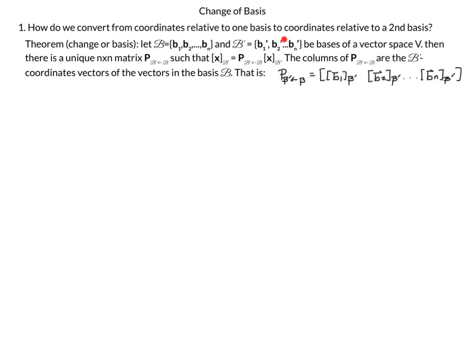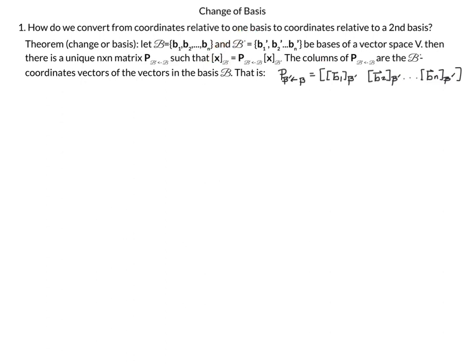So we say we have two bases for a vector space. Then there's a unique matrix that can convert. If we have a vector x written in coordinates in terms of B, we can multiply by this matrix that converts from B to B prime to get the coordinates of the vector x in terms of B prime.